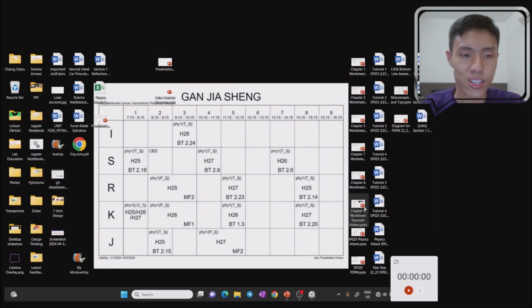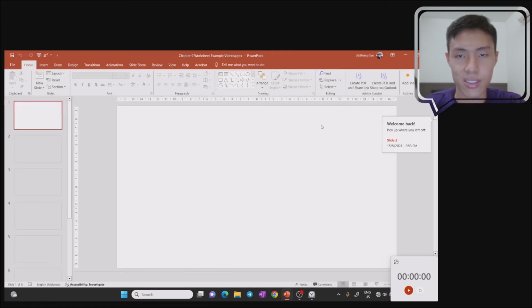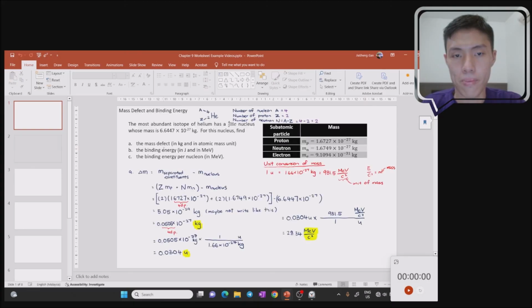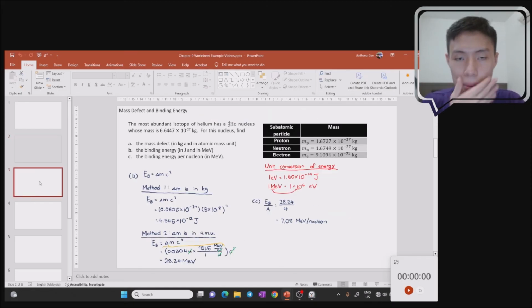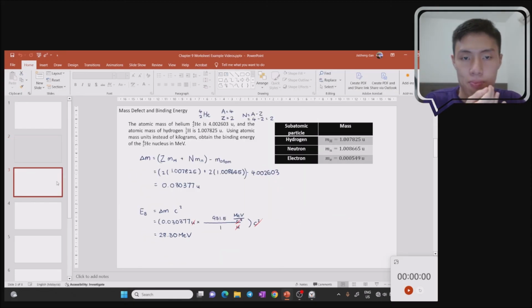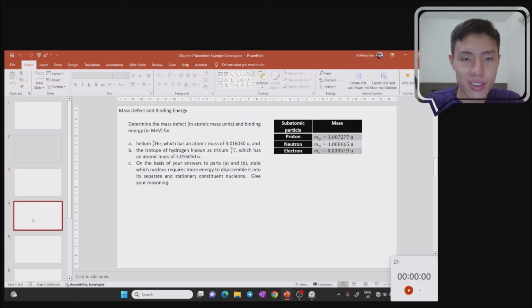Chapter 9 worksheet. I want the mass in atomic mass unit. You can refer to the constant sheet, I just didn't copy the value, so I can't remember it. No, not this one. Proton, neutrons, electron. Yes, this one.